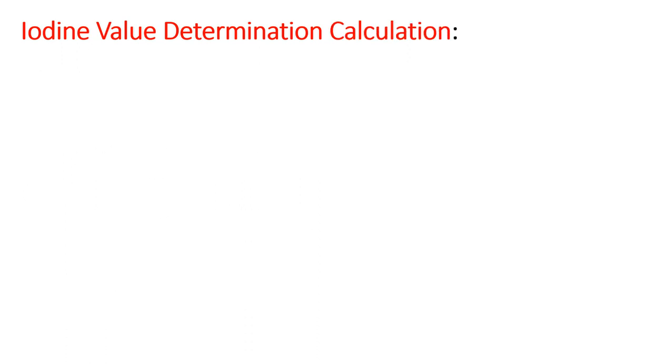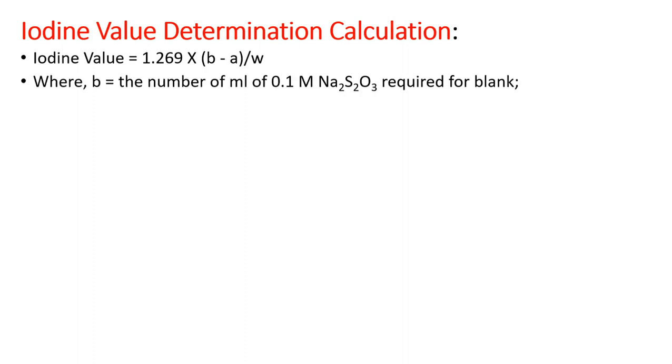Now we will have a look at the calculations of iodine value. The formula for calculation of iodine value is 1.269 into (B minus A) divided by W. Now we'll have a look at each component in this formula. First, B. B is the number of ml of sodium thiosulfate solution required for the blank.